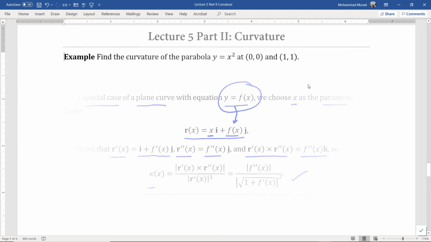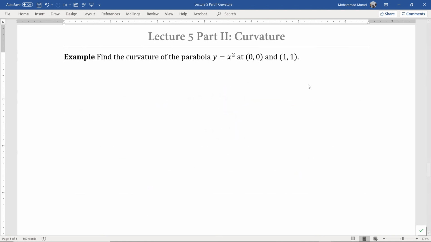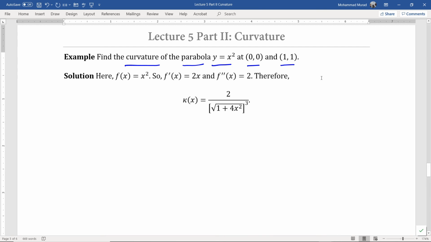Let's see an example. Find the curvature of the parabola defined by the equation y equals x squared at the origin 0, 0 and at the point 1, 1 on that parabola. Let's see the solution.